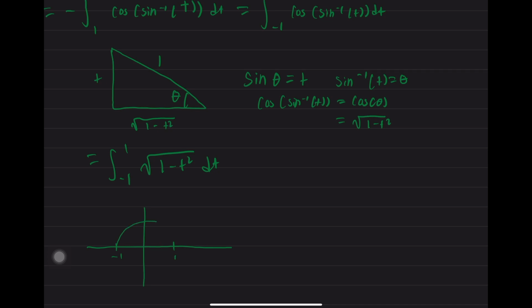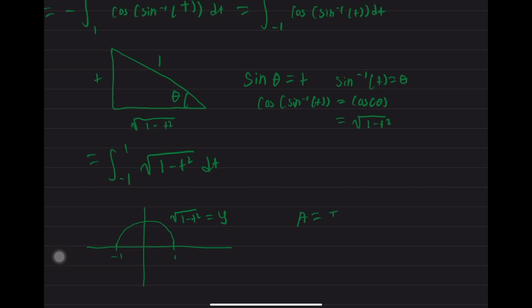This is going to be a circle something like this. So this right here is the square root of 1 minus t squared equals y. And what's the radius of the circle? The radius of the circle is 1.